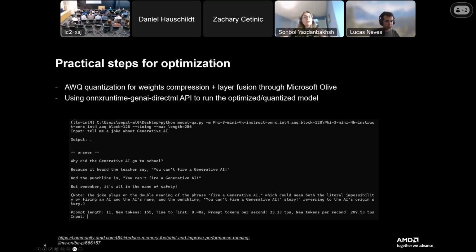When we got the model that's quantized and optimized, we used GenAI DirectML to run it. As I mentioned before, this example is for Phi-3 Mini 4K. If you are interested in seeing the steps and want to replicate them, I also put in our blog post that we published about it.